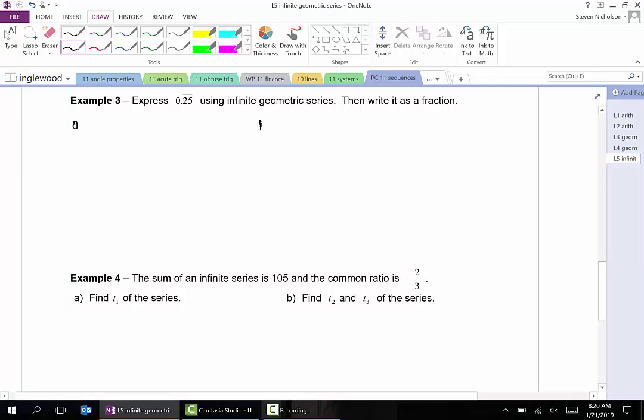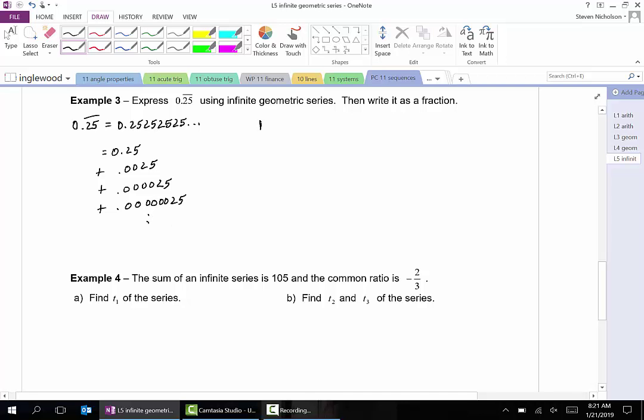So 0.25 repeating is equal to 0.25252525, etc. And that's really equal to 0.25 plus 0.0025 plus 0.000025, and so on.